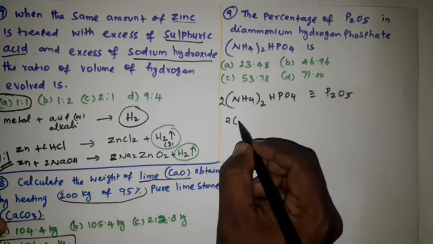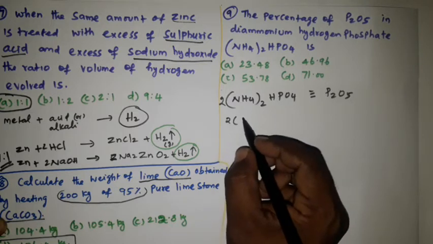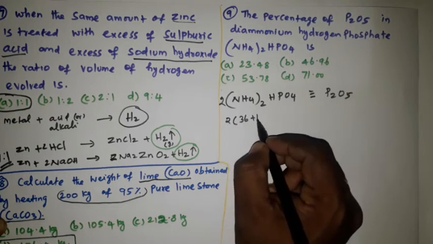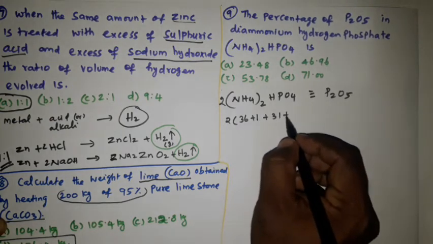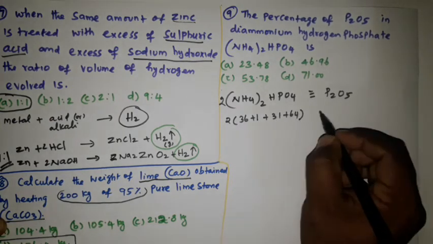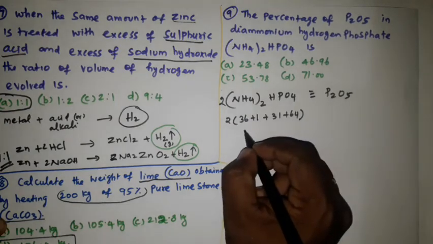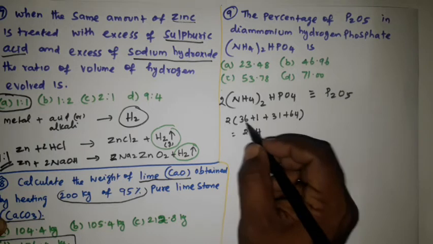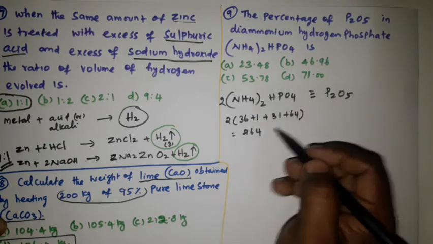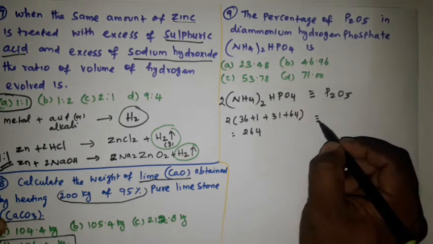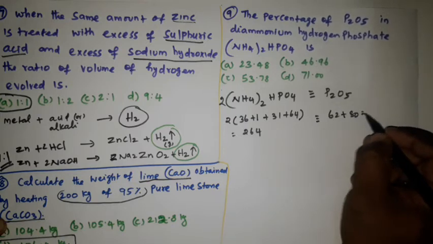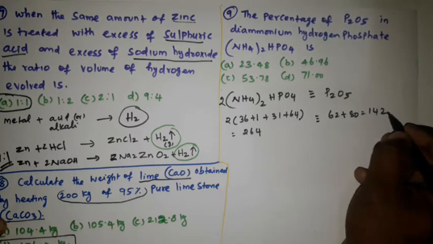2 into 36 plus 1 plus 31 plus 64, then here you will get 264. The total molar mass of this compound is 264, and here 62 plus 80, total 142. You can check.